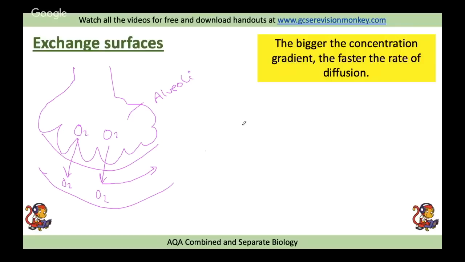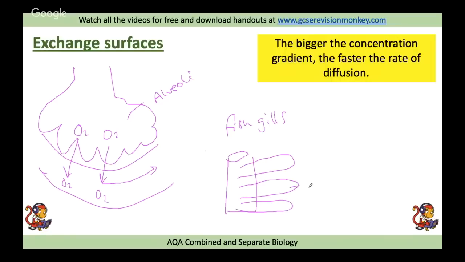Similar way to fish gills. So fish need to take in oxygen and they have gills with filaments, again, to increase the surface area. So these are the filaments. And they have even more surface area on top by these little fins called lamellae. Whole purpose is to increase the surface area.